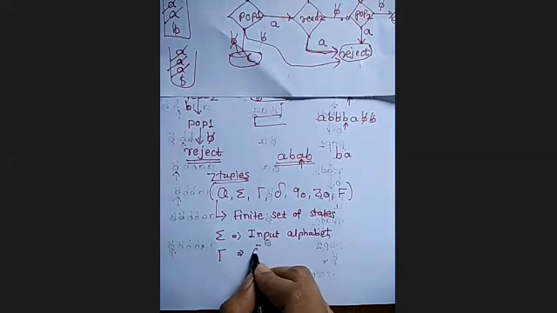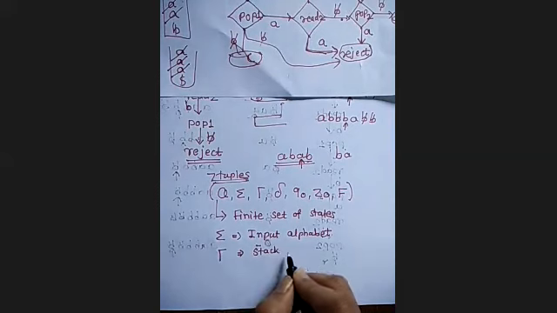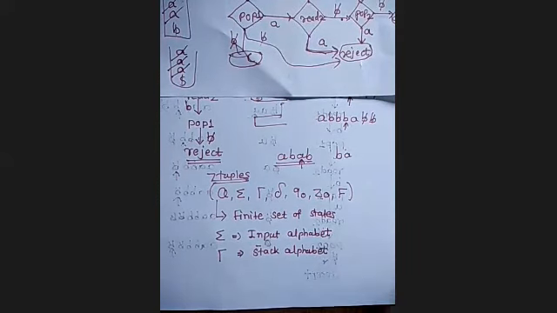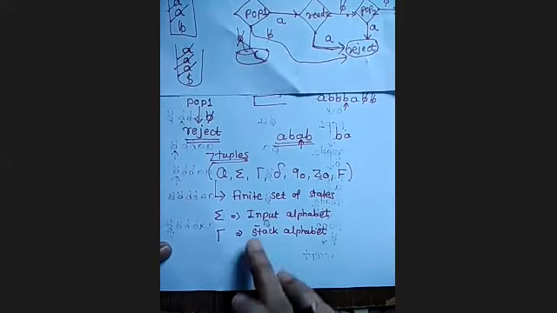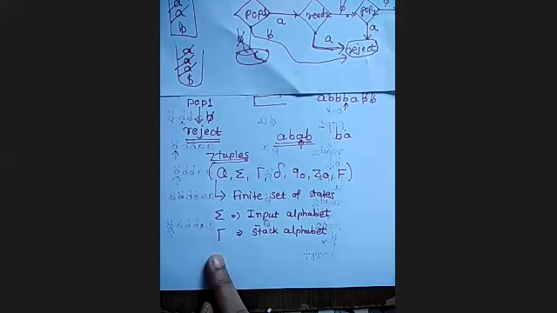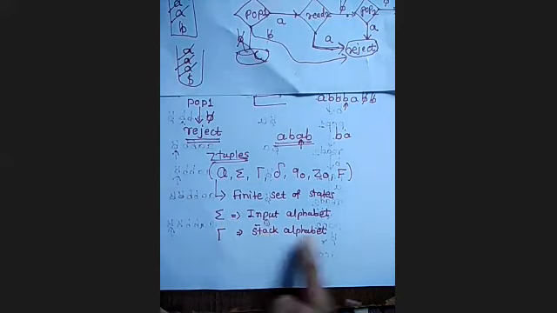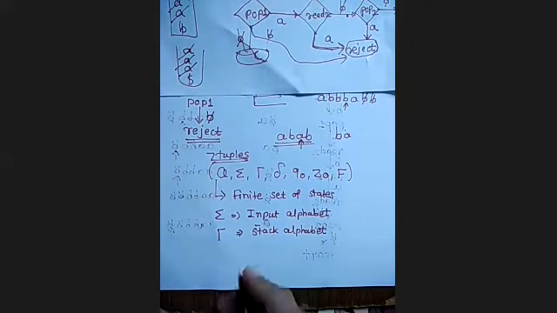The stack alphabet. The stack alphabet is the set of symbols that can be pushed or popped from the stack. Stack alphabet and input alphabet may be the same or they may be different.